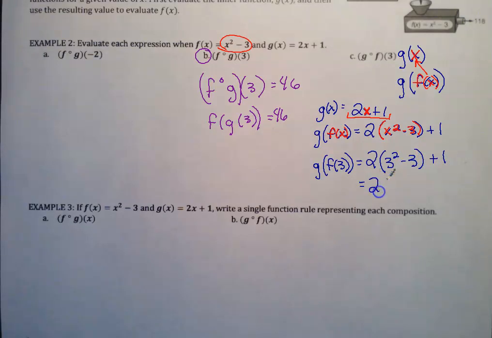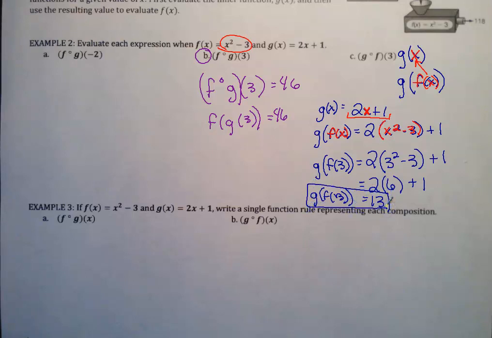So 2 times, what's 3 squared minus 3? 6. And what's 2 times 6? 12, plus 1, 13. So g of f of 3 is equal to 13.